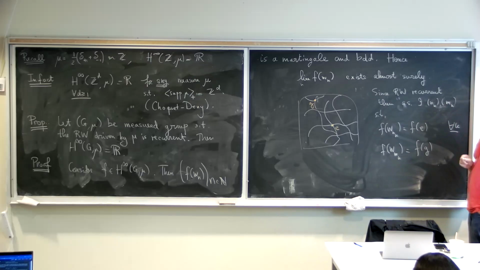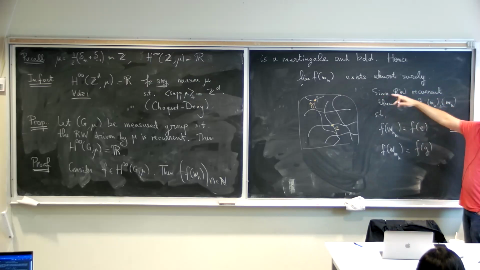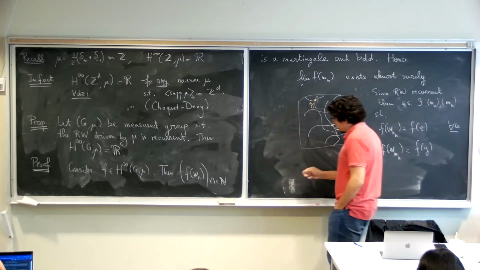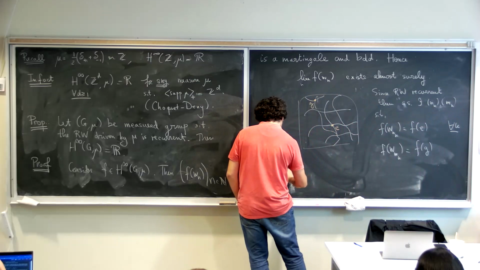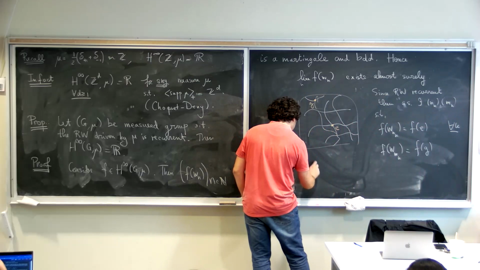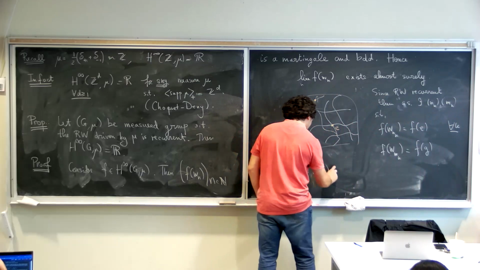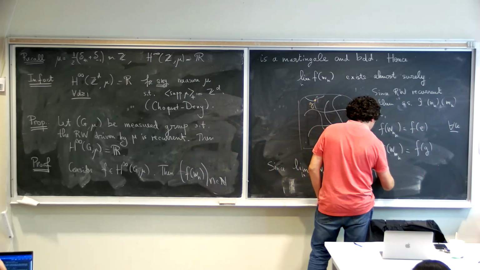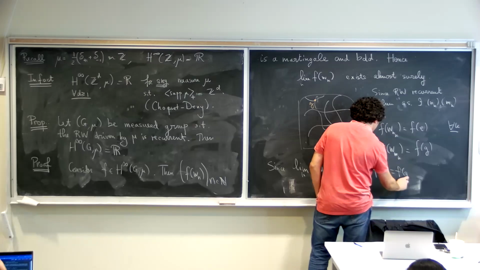But the limit exists, so these two values have to be the same. Hence f of e equals f of g.